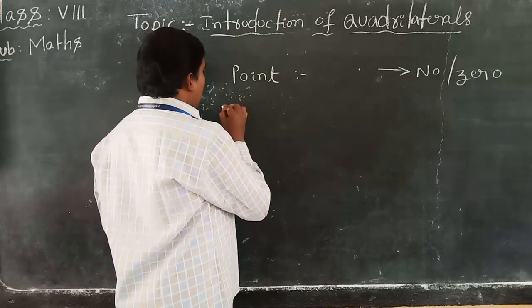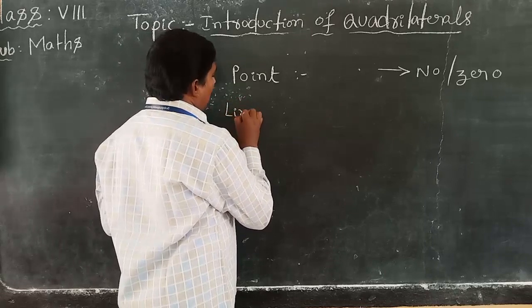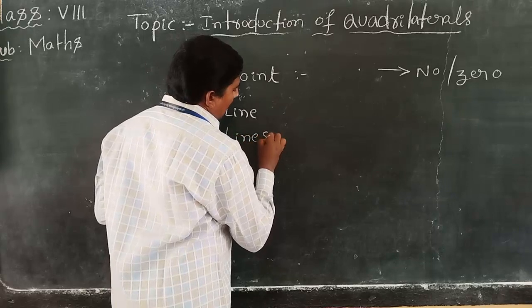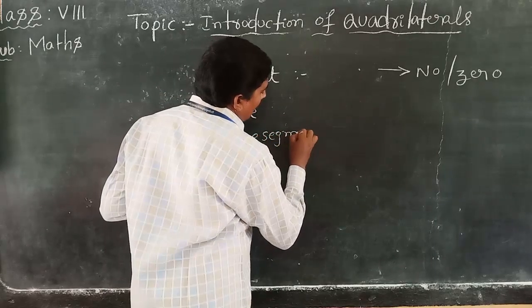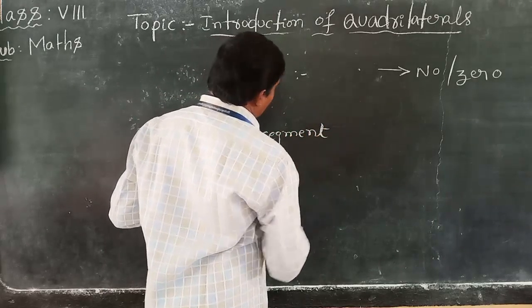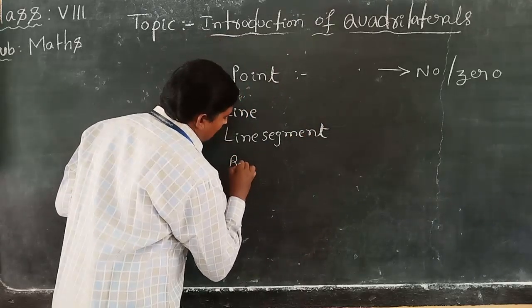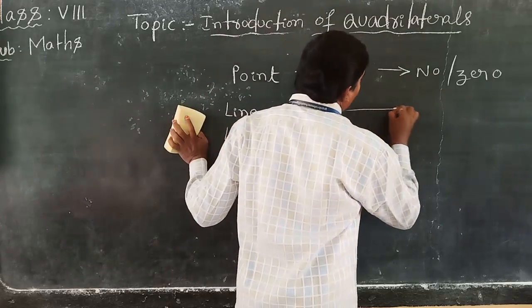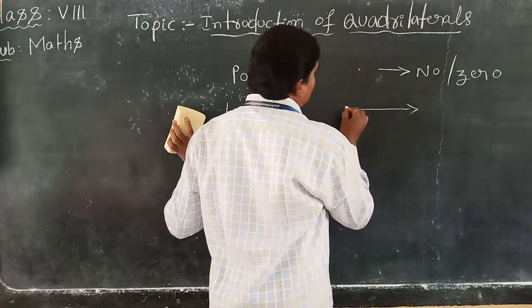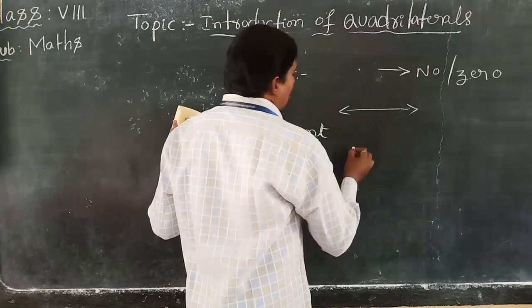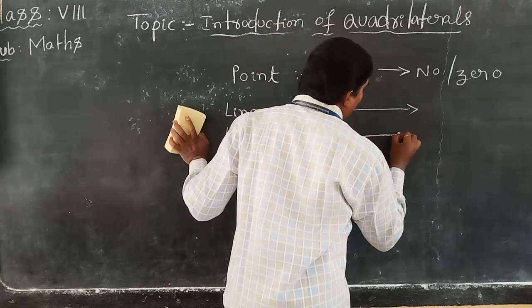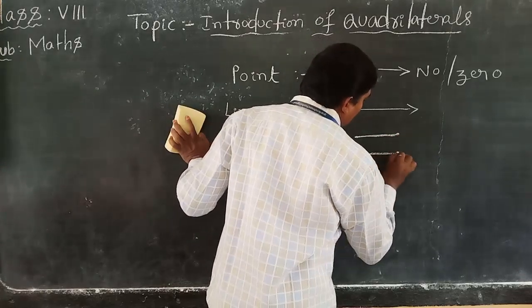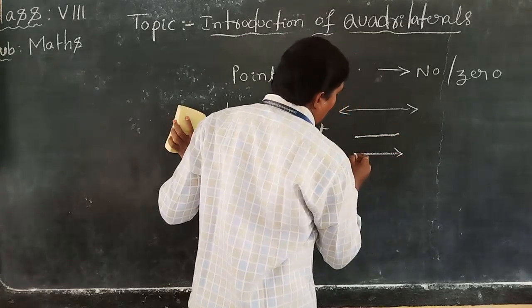Next, line, line segment, ray. This is a line or straight line, this is a line segment, and this is a ray.